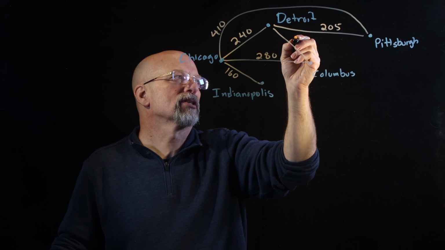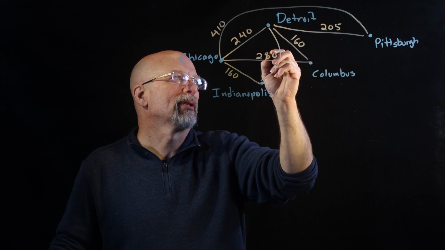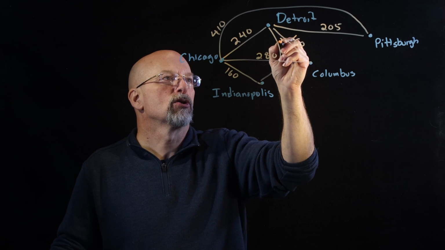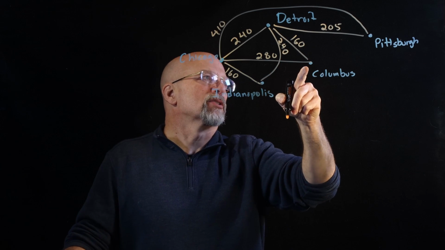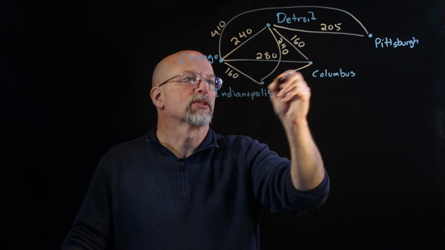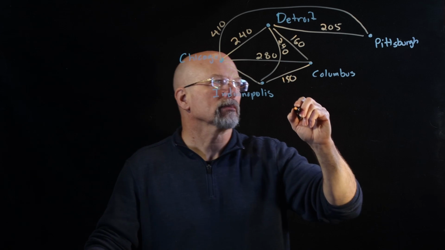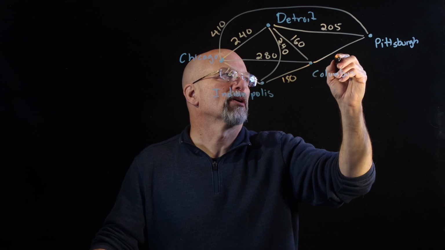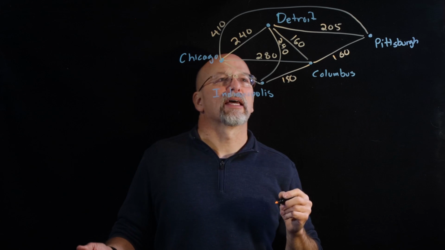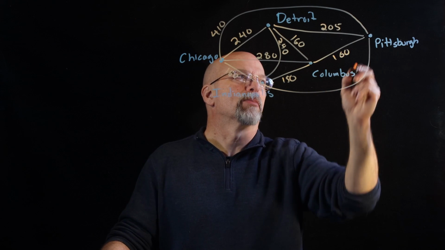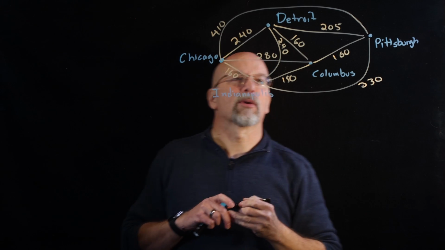Detroit to Columbus is 160. Detroit to Indianapolis is 240. All right. Now, let's do Columbus. Columbus to Indianapolis is 150. And Columbus to Pittsburgh is 160. Is that it? We're missing Indianapolis to Pittsburgh. So Indianapolis to Pittsburgh, that's 330. I think we got them all.